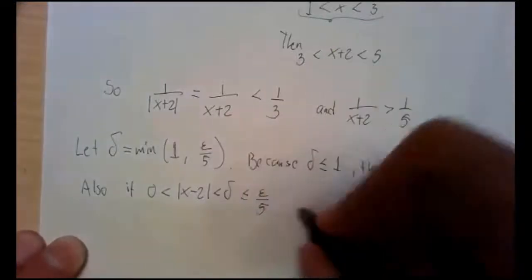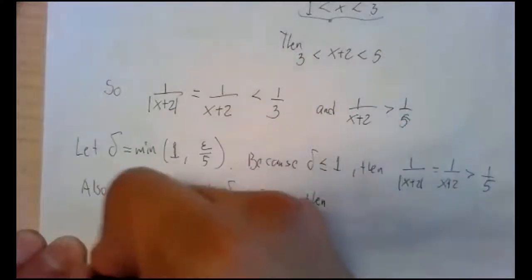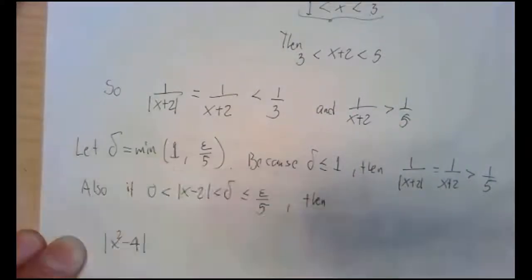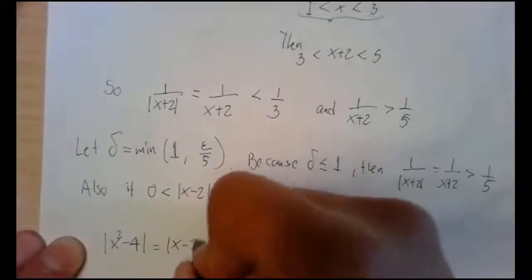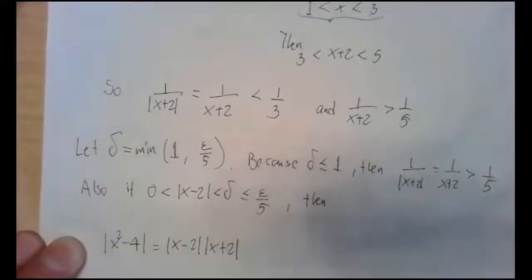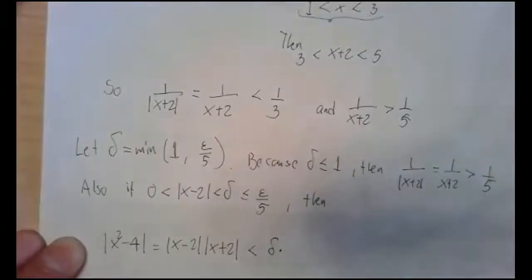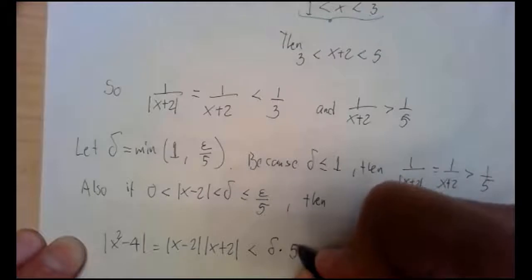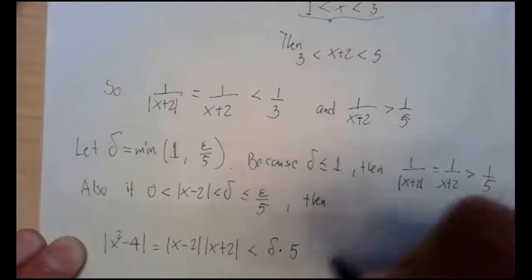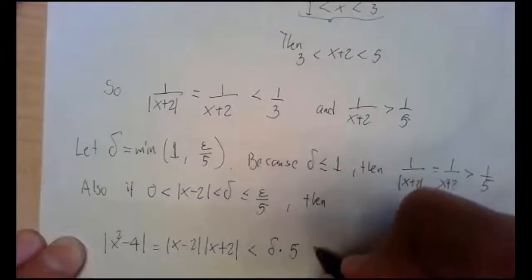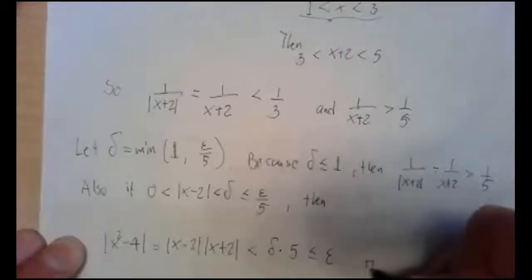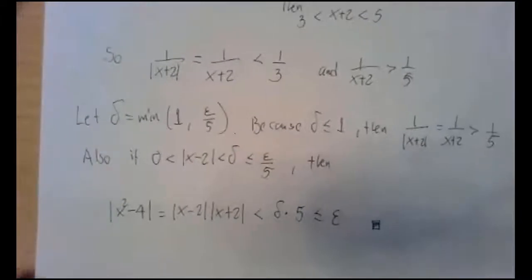So then |x^2 - 4|, which is |x - 2| times |x + 2|, will be less than delta times 5, since |x - 2| is less than delta and |x + 2| is less than 5. But 5 delta is less than or equal to epsilon. And we're done. All right.